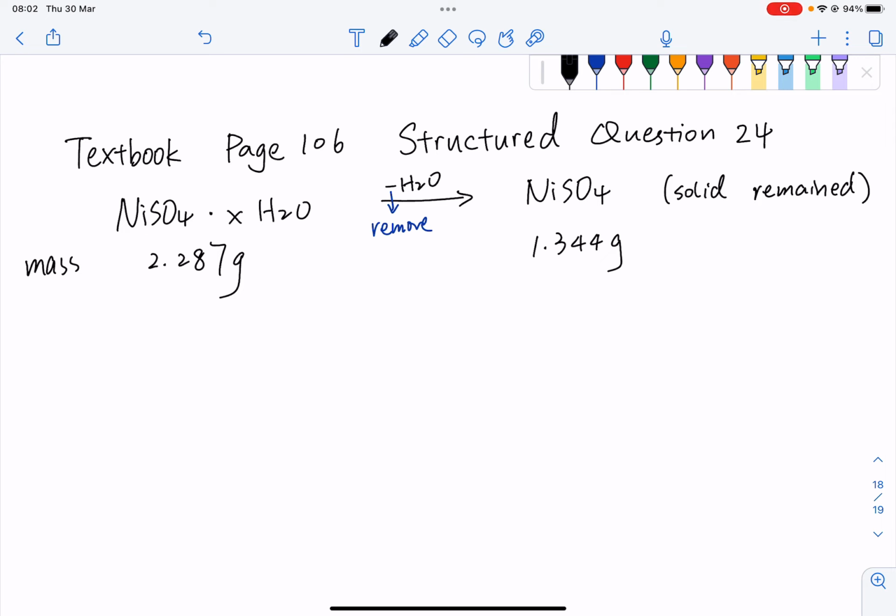Remember, if you don't know how to do it, the first step is to calculate the mole, right? To calculate the mole, I have the mass. What else do I need here? It should be the molar mass, right?